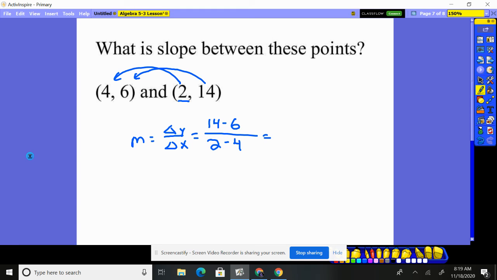This is going to give us 8 on top, negative 2 on the bottom. This means it has a slope of negative 4. The negative is just indicating that this is going up to the left. So if we plotted these, and I didn't even pay attention what the points are, we know it's going up to the left. And it's going to have a steepness of 4. It'll go up 4 over 1, up 4 over 1. Okay? That's what we know.